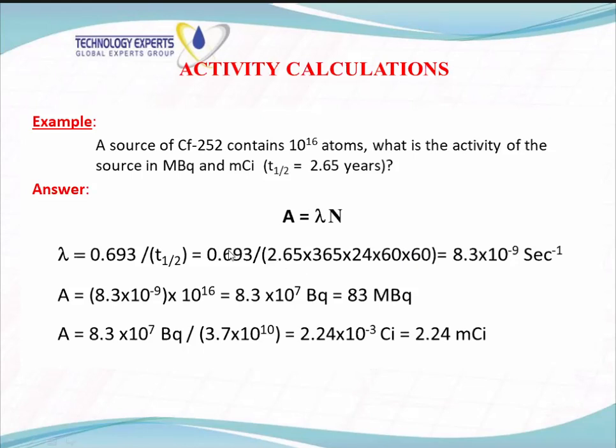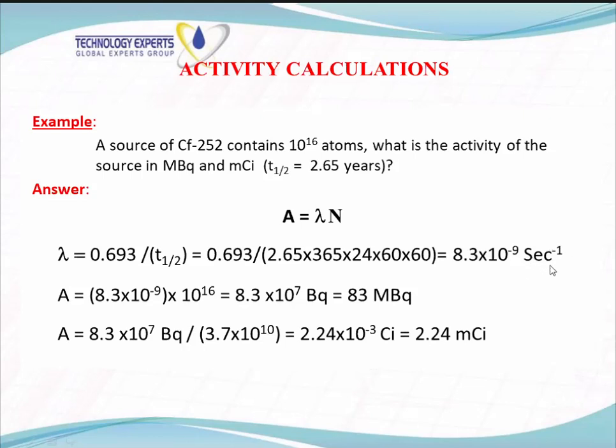Without brackets, you divide 0.693 by 2.65 and then multiply the result by 365 and so on, so you make a multiplication, not division. Take care about this on the calculator. Put this in brackets. Okay, now lambda equals 8.3 times 10 to minus 9 per second, or second minus 1.